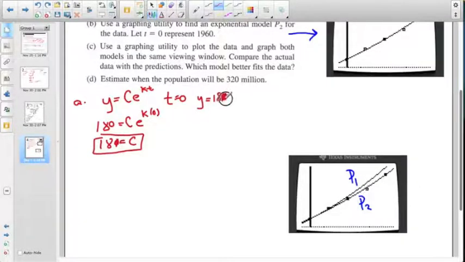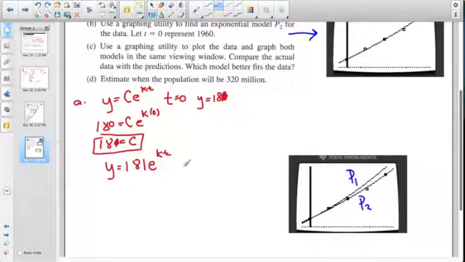This would be a 181 that we have at the beginning in 1960, and so really we didn't need to go through this whole thing. That's why we can literally just throw that initial value right into the model without any math whatsoever.